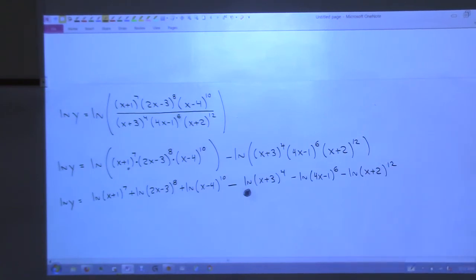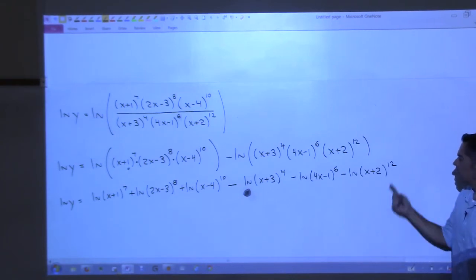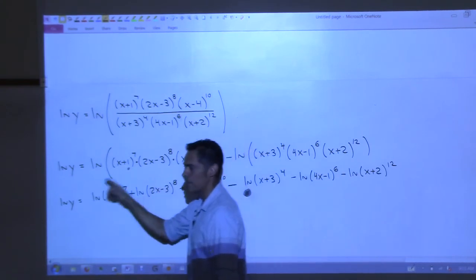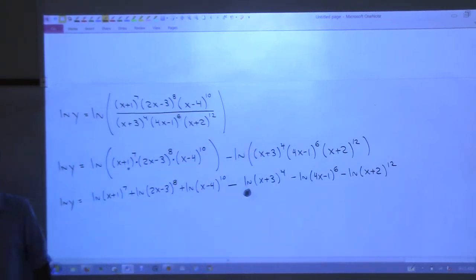We're almost there. There's one more property that we can use right now. What property? All the powers can come down. The 12 can come, the 6 can come, the 4 can come, the 10 can come, the 8 can come, the 7 can come. Right?